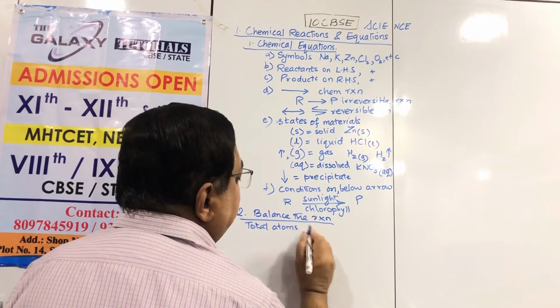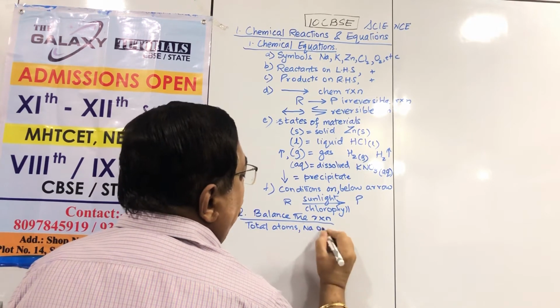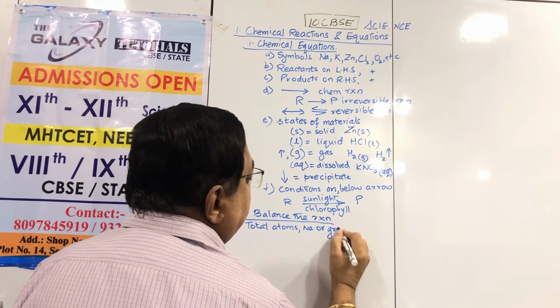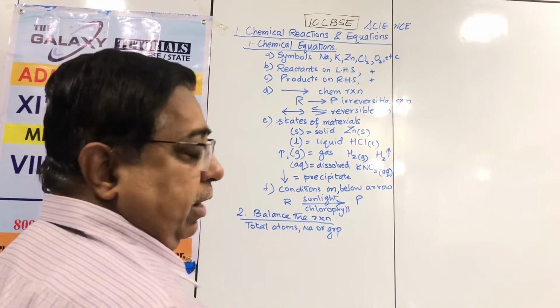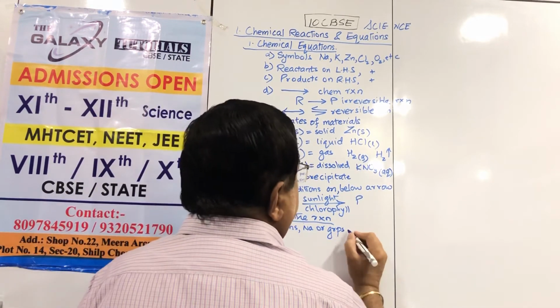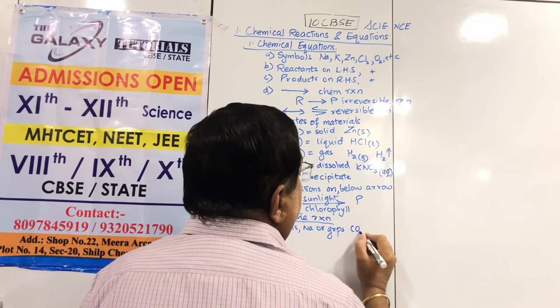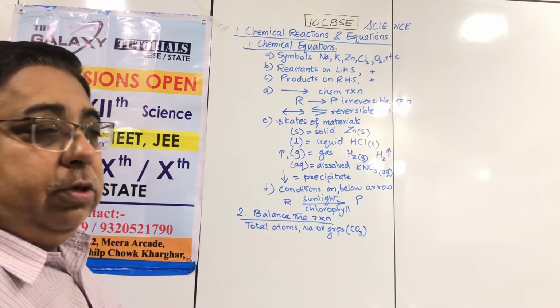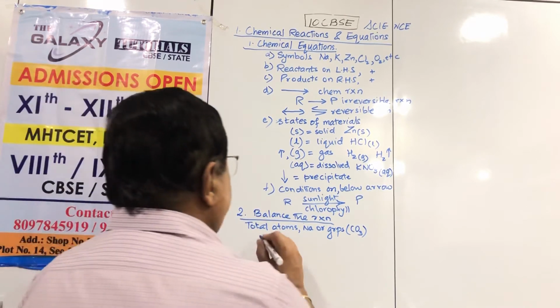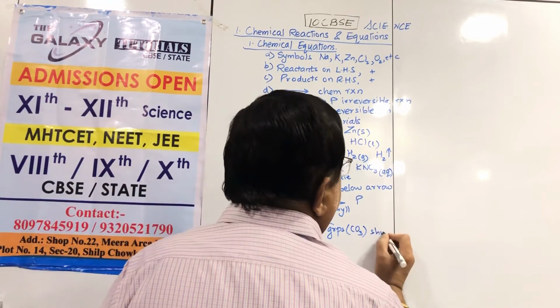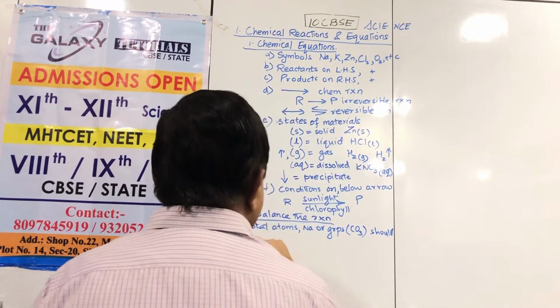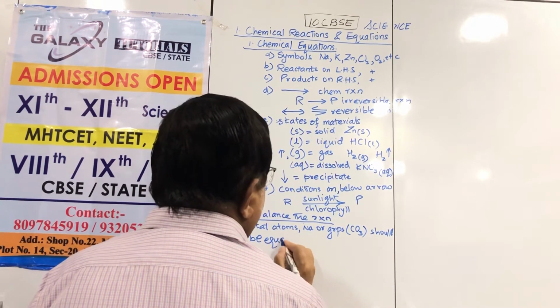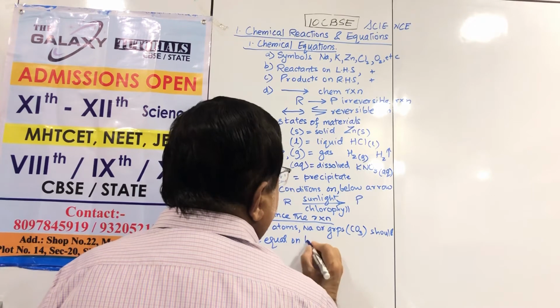For example, Na, or groups which are getting exchanged, like carbonate, should be equal on both sides.